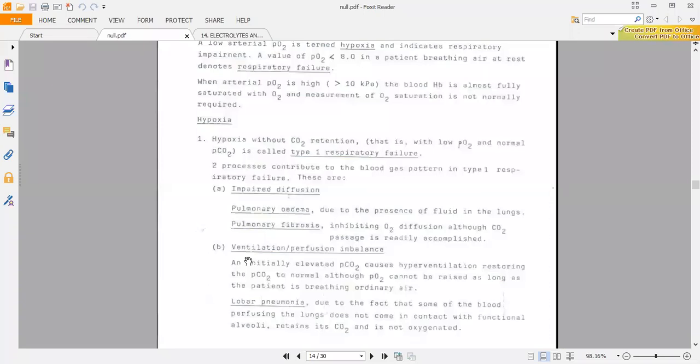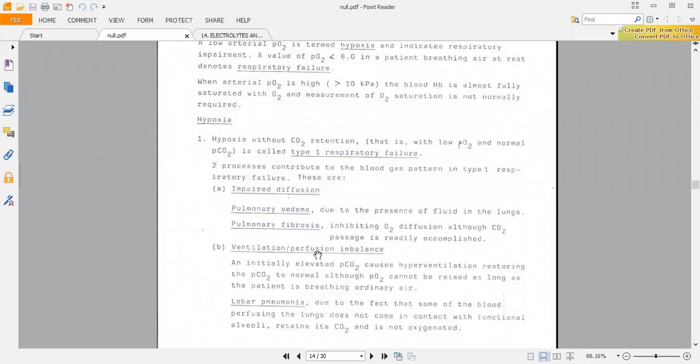Perfusion is the amount of blood that is moving into the lungs. The amount of oxygen you are bringing into the lungs must match the amount of blood moving into the lungs.